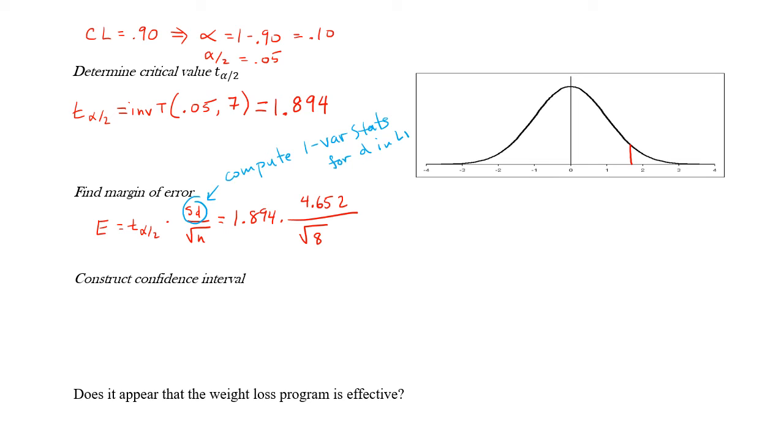Let's see what we would get here. 1.894 times 4.652 divided by the square root of 8 gives me about 3.115. Then I can use d bar plus or minus E to get my confidence interval. The d bar that we had was 2.75.